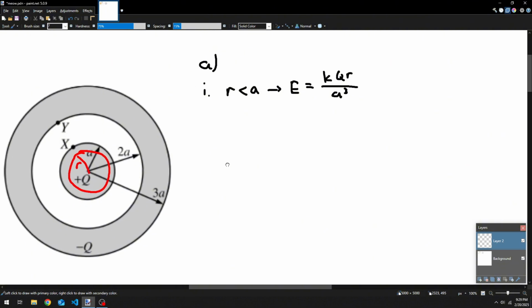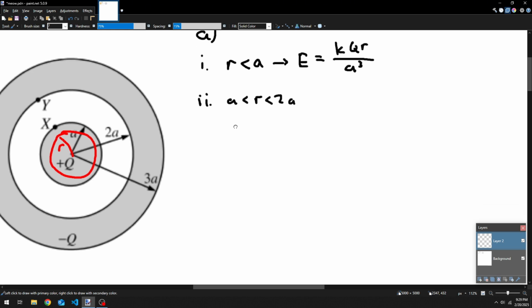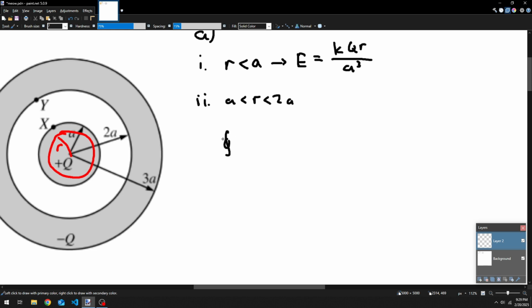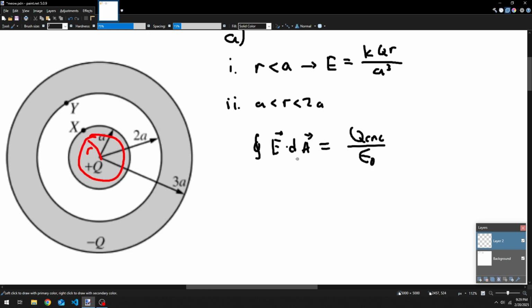Now for the second section, when r is greater than a, but less than 2a, we will use the same sort of deal, same equation, except our Gaussian surface is going to be around here, obviously using a sphere again, and this time we'll write the radius as this.